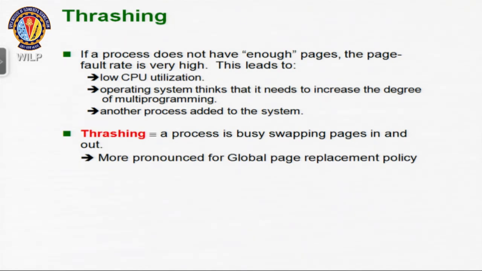With the additional processes coming into the memory, the frames per process further get reduced, resulting in even more thrashing. So we find that thrashing is a very serious issue.